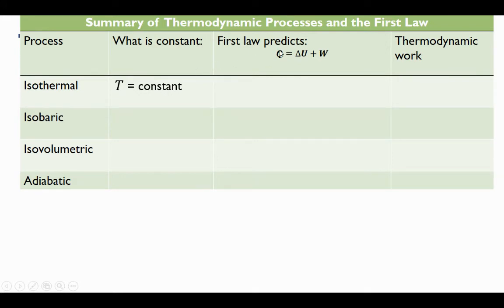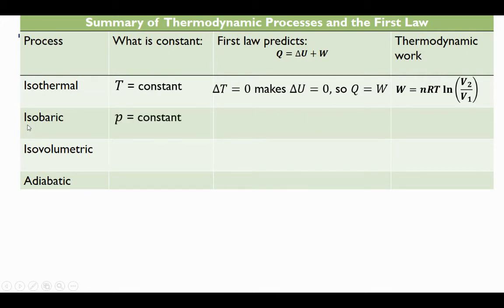The first law predicts that as the temperature is constant, delta T is equal to 0, so it makes no change in the internal energy as well. So delta U is equal to 0, hence Q is just equal to W. From the derivation, we know that W is equal to nRT ln V2 over V1.